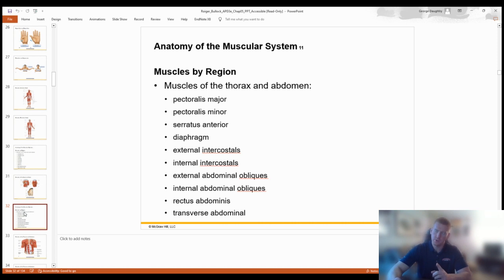All right, and the external and internal intercostals. Costal refers to my rib, and inter means that they are muscles in between my ribs. Literally intercostal. So what do they do?